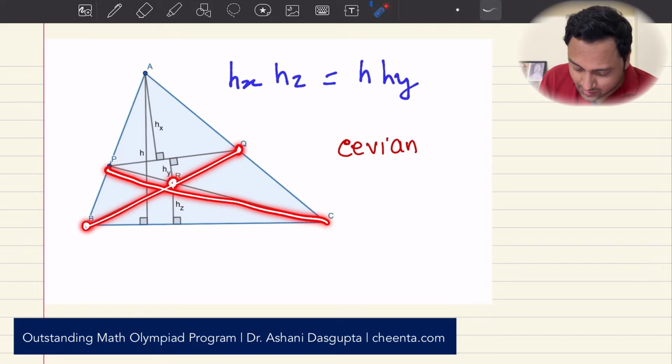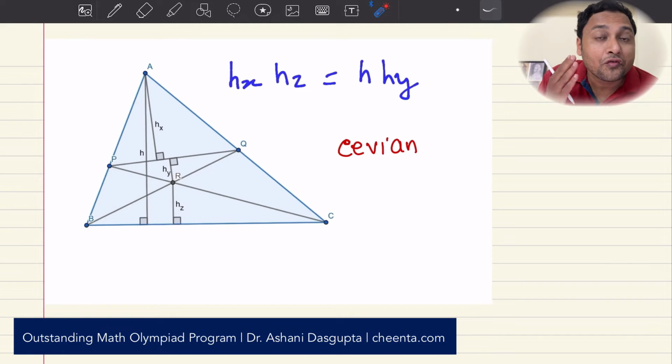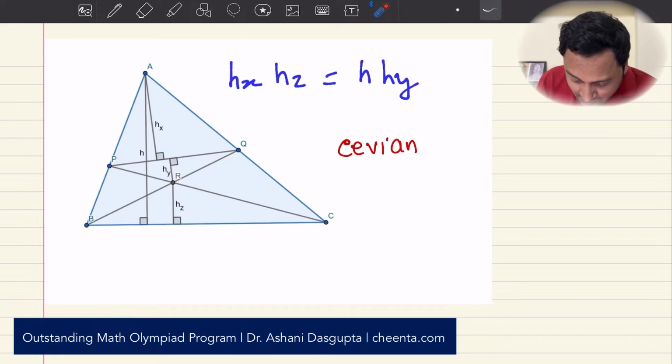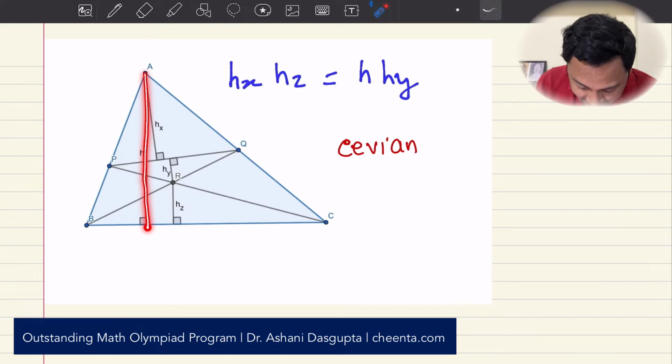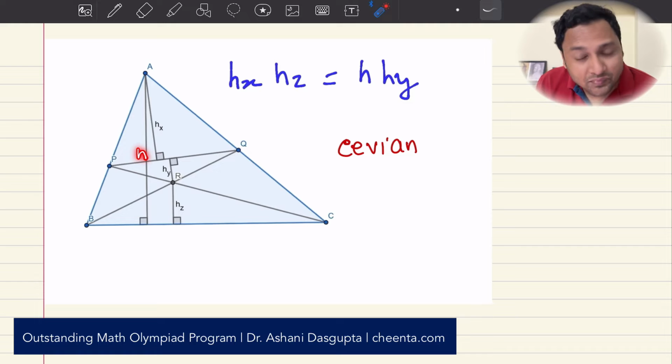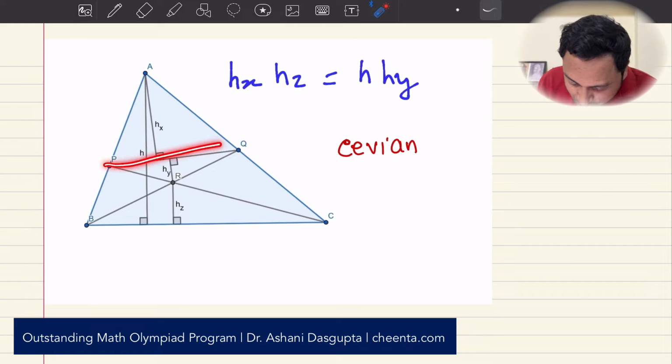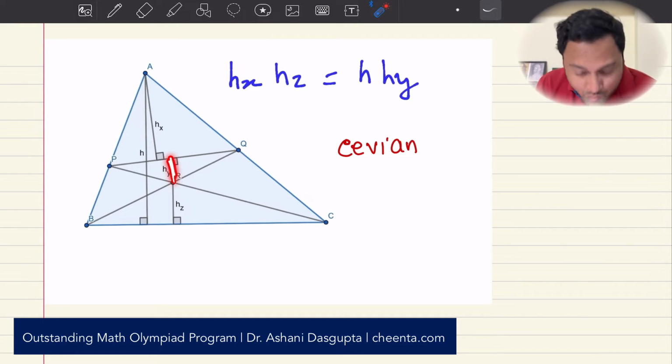Now, we draw four perpendiculars. One is the perpendicular of the entire triangle, that's H. We join PQ and draw HX, which is the perpendicular to PQ. We draw this perpendicular HY and this perpendicular HZ.